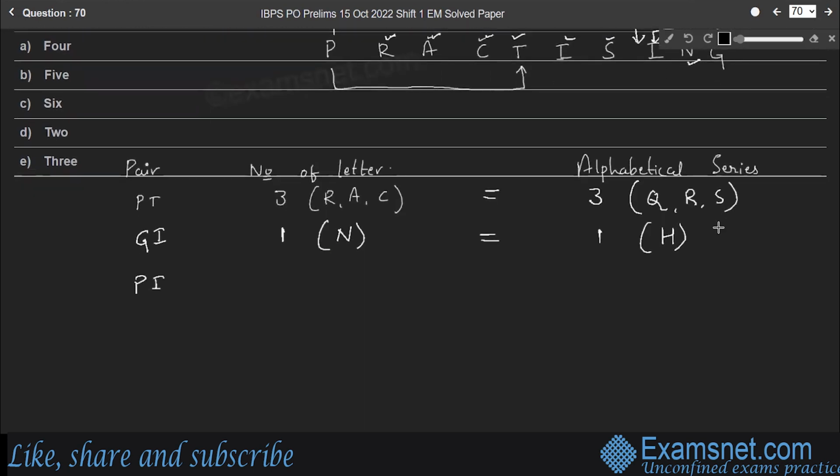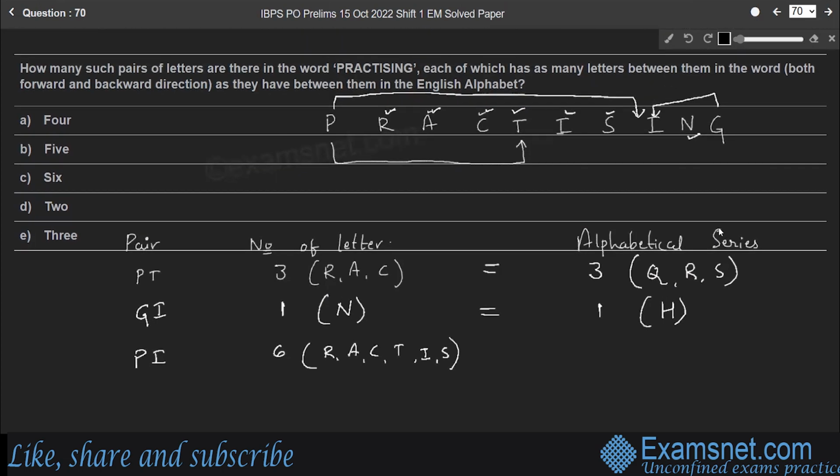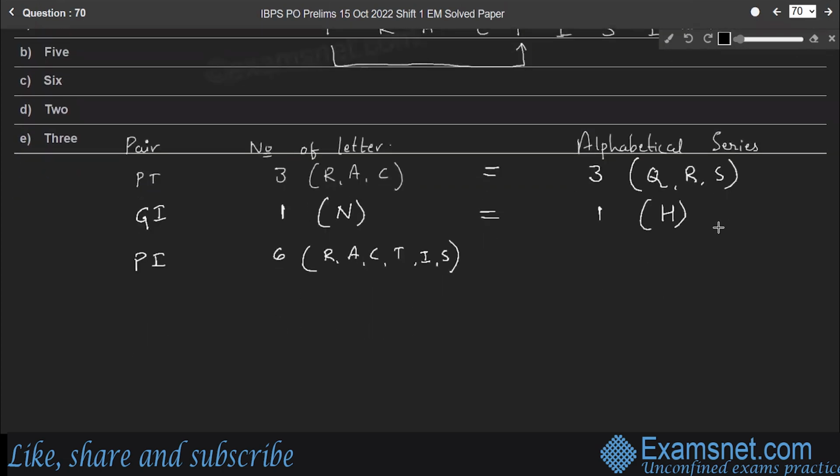They are R, A, C, T, I, and S. These are the 6 letters between P and I. And in the original alphabetical series, I comes first, and after I come J, K, L, M, N, O. Those are the 6 letters: J, K, L, M, N, and O. These are the 6 letters between I and P, or P and I.